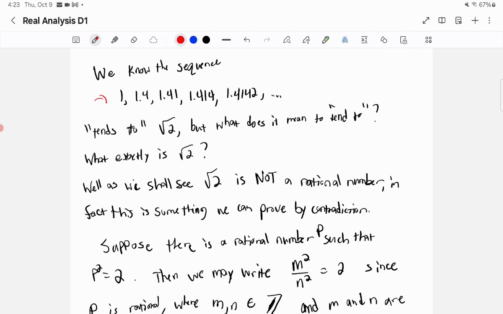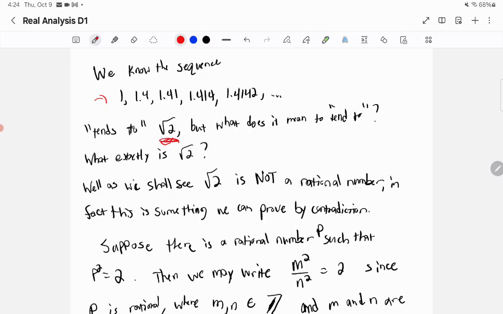But what happens if this sequence gets carried out to an infinite number of digits? Well, this actually tends to some number, as we'll see, that is not a rational number. Okay, so this sequence actually tends to the square root of 2.